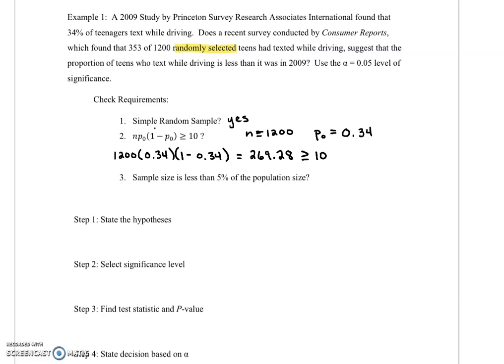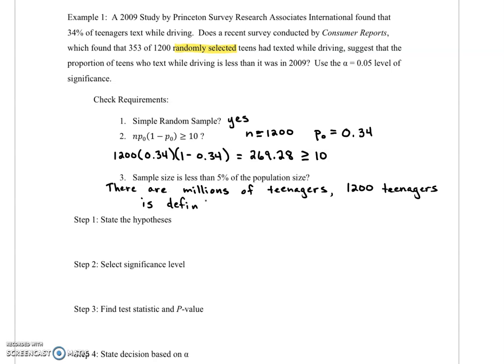Well, think about the U.S. There are millions of teenagers in the U.S. And since there are millions of teenagers, then 1,200 teenagers is definitely less than 5% of the population of teenagers.